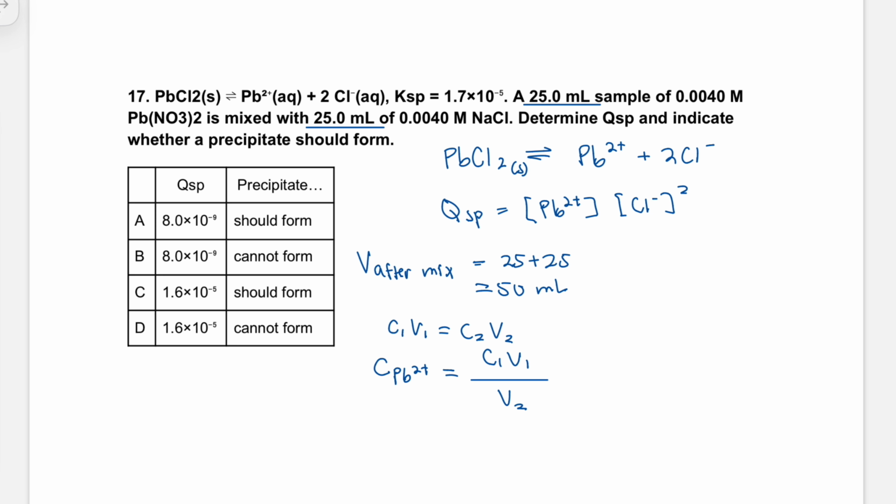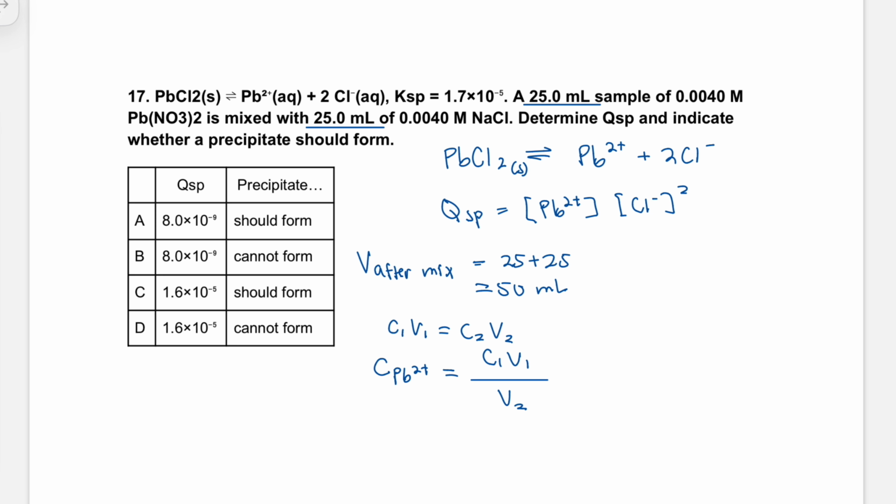Initially the concentration was 0.004 and the initial volume was 25 milliliters, over the new volume, which is 50 milliliters. When we do this, it gives us the new concentration, which is 2 times 10 to the negative 3. That's the new concentration for Pb2+.